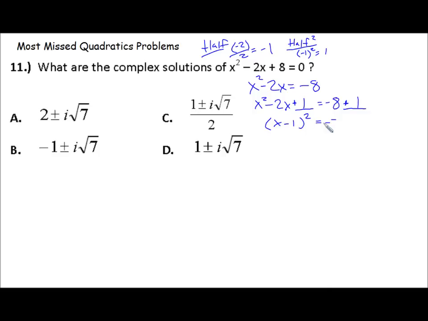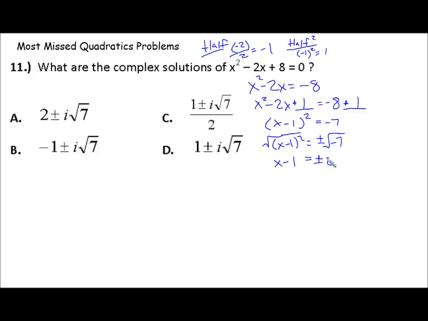For this equation, I solve it by taking the square root of both sides. Remember that we are taking the positive and negative square root of -7. So this evaluates to just x minus 1, as these two cancel. And for the other side, you use a property of the imaginary unit.